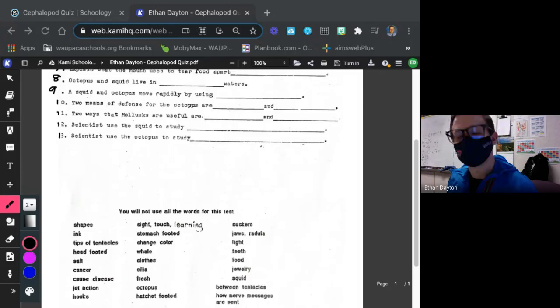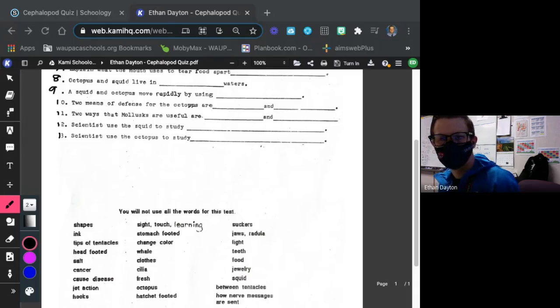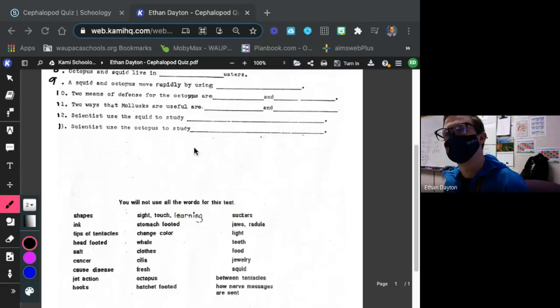Number 12, scientists use the squid to study what? And number 13, scientists use the octopus to study what?